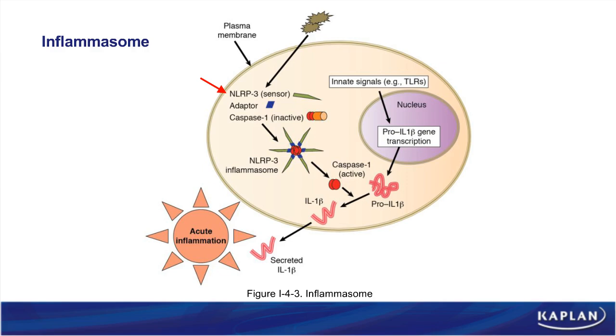They are going to organize and arrange themselves in what is known as the inflammasome. And this is going to, in turn, activate the caspase-1. And caspase-1 is simply a protease. It is the caspase-1 that will directly cleave that pro-IL-1 beta into its final activated form of IL-1 beta.